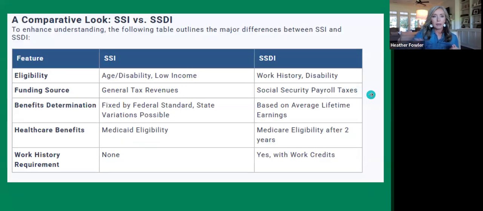But just quickly comparing the SSI and the SSDI, those sound a lot alike and you might get them a little confused. But the SSDI is the disability for someone that's had a work history and then they become disabled and they're drawing that, and they're eligible for Medicare after 2 years on the disability, then that does count as income.